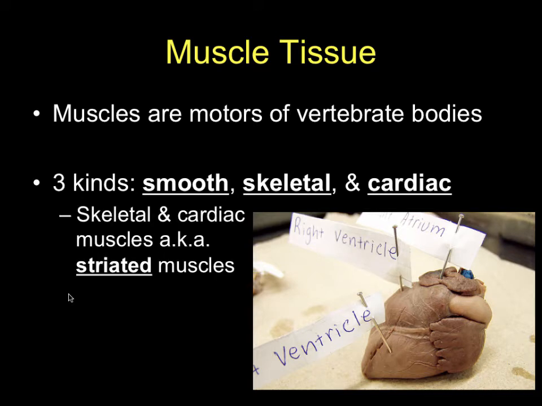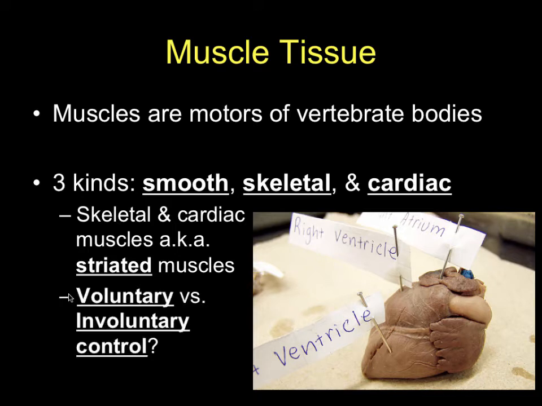Now, when we look at the different kinds of muscles and their overall structure and anatomy, both skeletal and cardiac muscle are what we call striated muscle, meaning that if you look at sections of these muscle tissues under a microscope, you're actually going to see lines, or striations, where certain conditions are met and the muscle takes on a certain appearance because of those conditions.